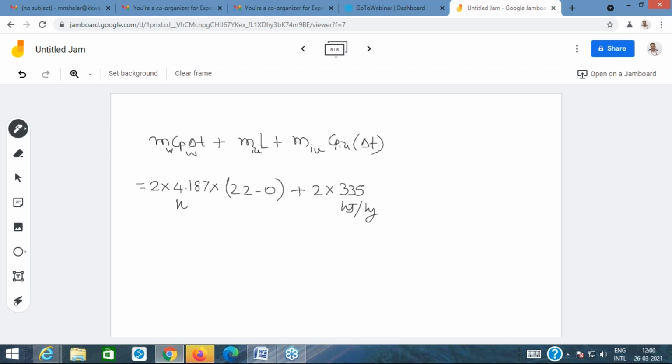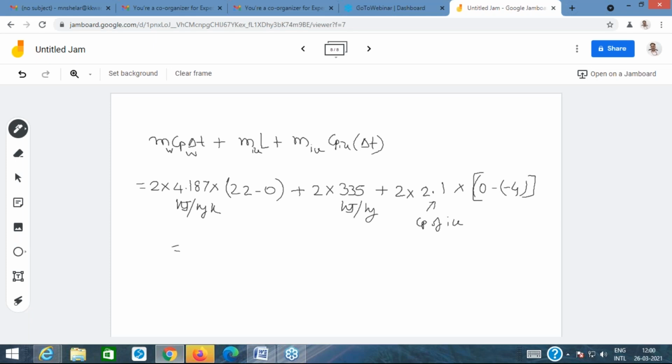Specific heat of water is 4.187 kilojoules per kg Kelvin, plus mass of ice formed was 2, and the specific heat of ice is 2.1, into that ice ultimately went from 0 to -4 degrees centigrade. So this is +4. If you solve, you'll get some very interesting calculations.